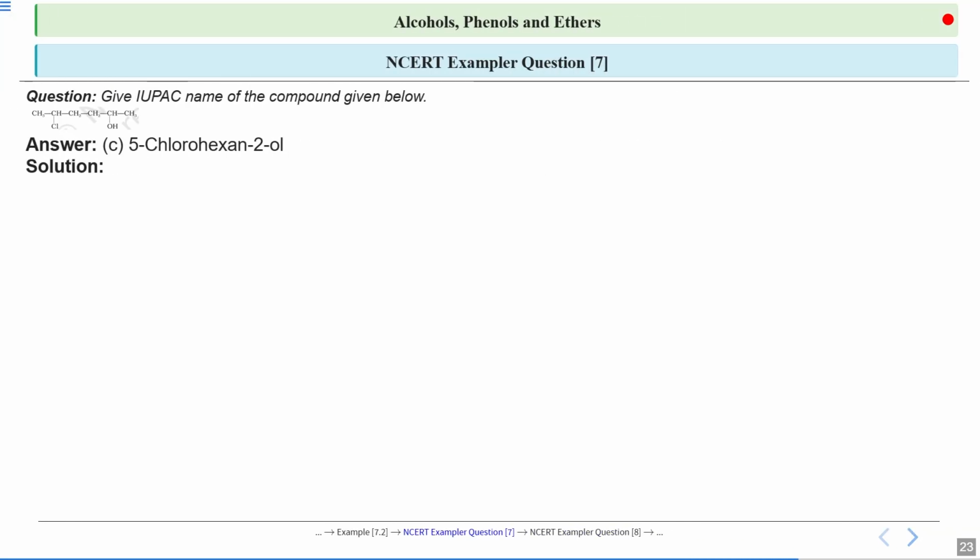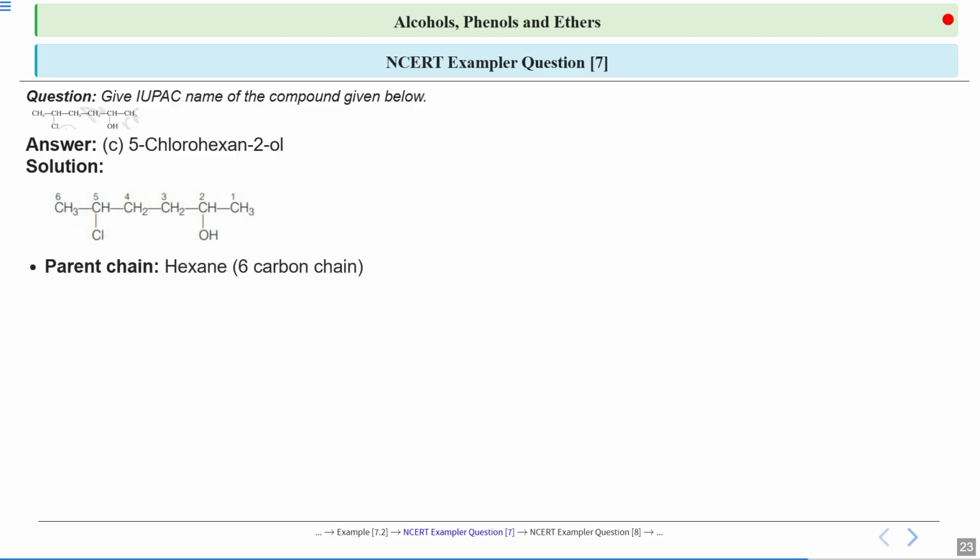For this question, the correct answer is option C, 5-chlorohexan-2-ol. According to the IUPAC nomenclature, firstly you have to identify the parent chain which contains the largest number of carbons and also the carbon which is attached to OH. After that, you have to number the parent chain, and the lowest possible number should be given to the carbon attached to the OH group. So the OH group is at the second carbon.